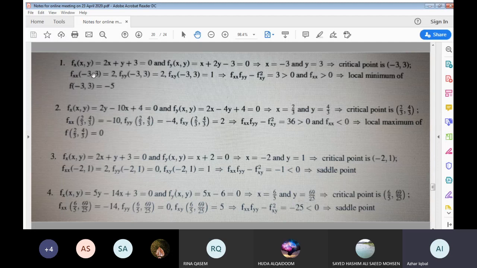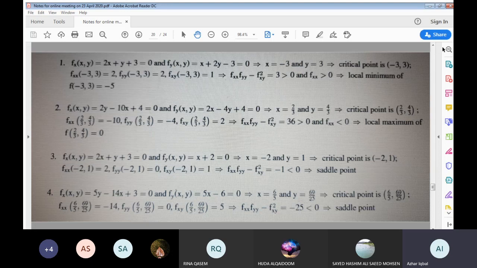You calculate the second partial derivative with respect to x at the same point (-3, 3), the second partial derivative with respect to y, and the partial with x and y at the same point. You get the values of 2, 2, and 1. So this is the calculation for the discriminant, which remains greater than 0, which is 3. And the second partial with respect to x is greater than 0, so it's a local minimum. Applying that condition, it gives you that it's a local minimum at that point.